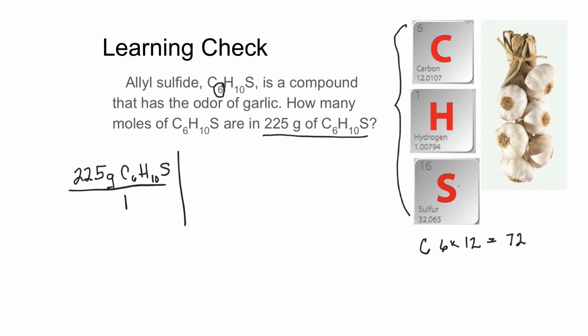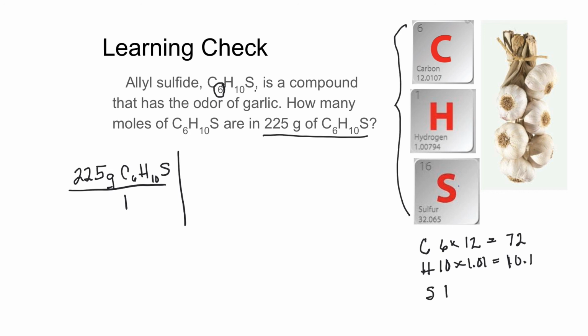And then we also have 10 moles of hydrogen times 1.01, which gives you 10.1. And for sulfur, we only have one sulfur atom.